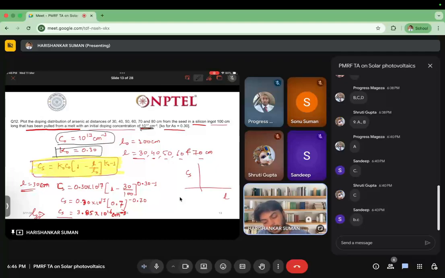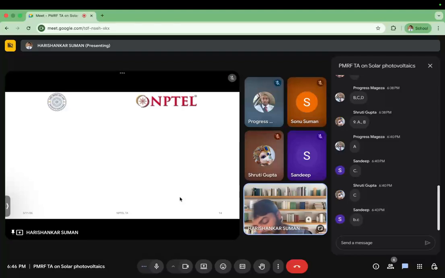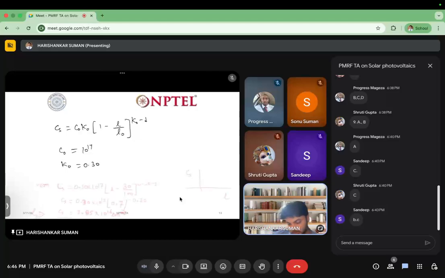And now we have to calculate for 30, 40, 50, 60. So please calculate CS equals C0 k0 (1 minus L by L0) to the power k0 minus 1. You have C0 initially 10 to the power 17, k0 0.3, and what else?